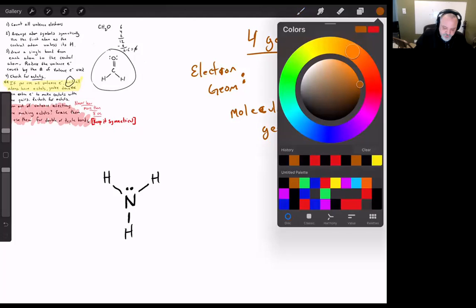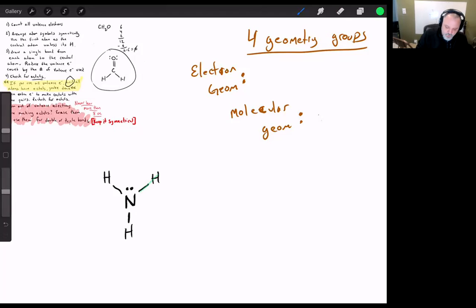How many geometry groups are there? 1, 2, 3. Don't forget about the lone pair. 4 geometry groups. What's the electron geometry? Still tetrahedral.